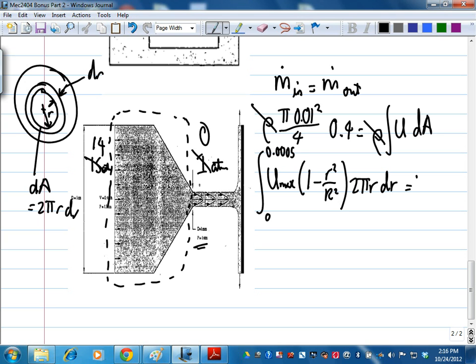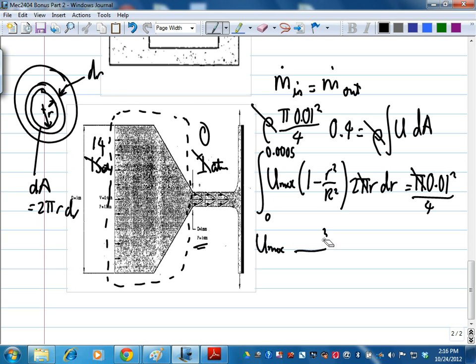So that one equals pi 0.01 squared over 4. Actually, you can tidy a few things up. This pi can cancel out. 4 and 2, 8. Okay. Umax, you get r minus r cubed over R squared, integral dr, is equal to this one, 0.01 squared over 8.